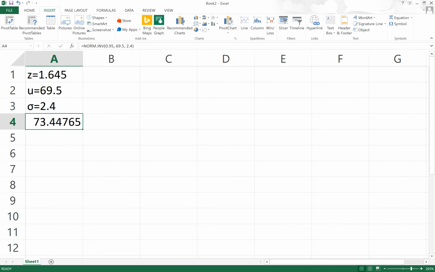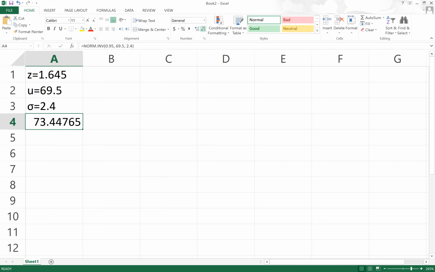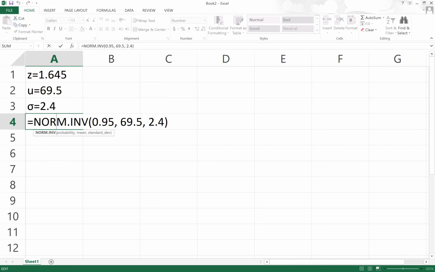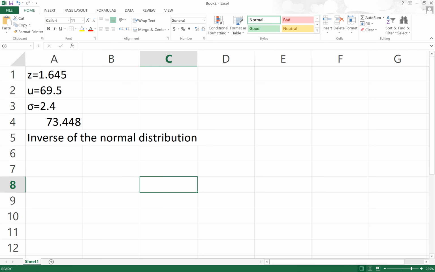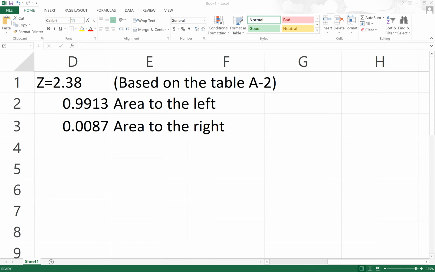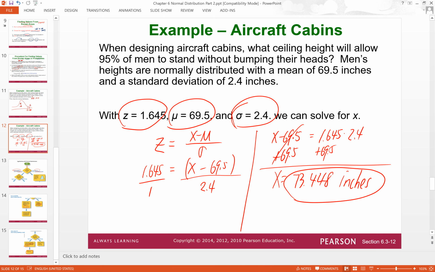If you round to 3 decimal places, it will be the same result. And this formula gives us the inverse of the normal distribution. And that's pretty much it.